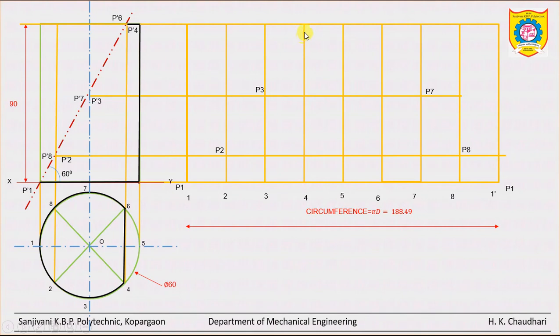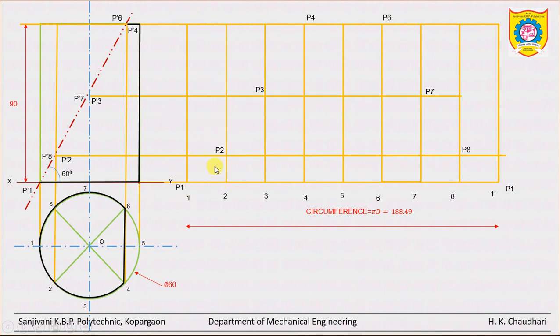So to locate P-4 and P-6, see the intersection with this point number 4 and for this point number 6. Now we got such points of intersection from the projection and this vertical division.